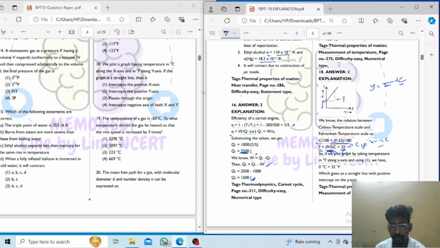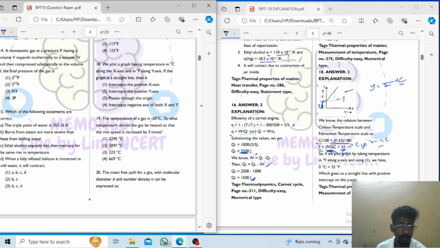If we plot the graph, it will look like this, and this is the 32 portion, the y intercept. So from this we can say option number 2 is the correct one, where it is written that the y intercept is positive.